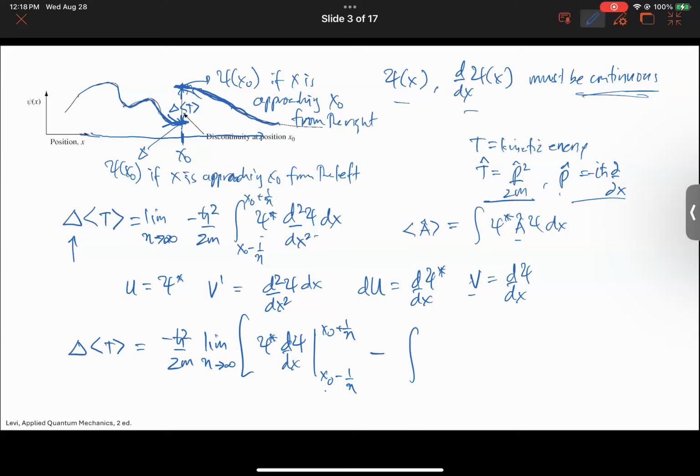Okay, ito yung v, and then ito yung du. And so that's just d psi star dx and then d psi dx, so modulus squared yan, di ba? Then dx. So x naught minus 1 over eta and x naught plus 1 over eta yung limits of integration.